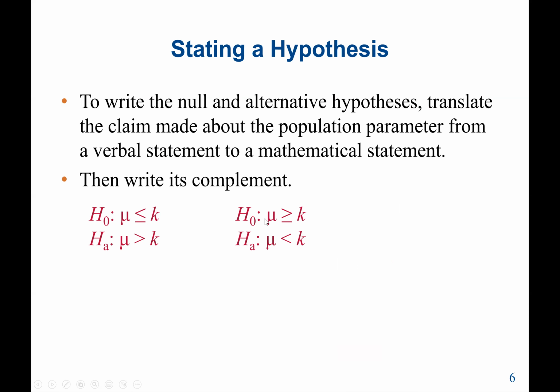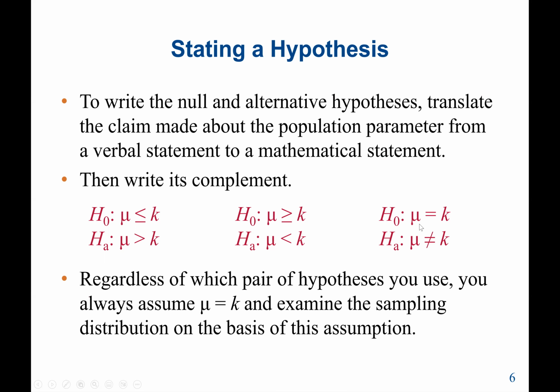Another example here, if mu is greater than or equal to k, then for the alternative hypothesis, mu will be less than k. Or if mu is equal to k, then HA will be not equal to k.